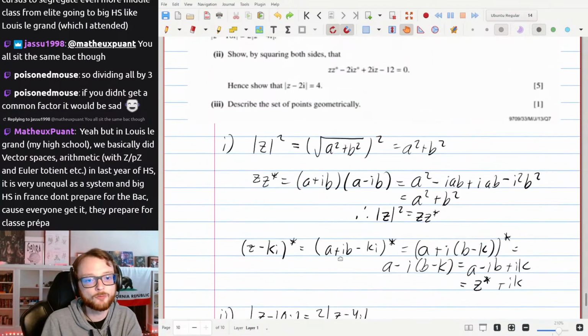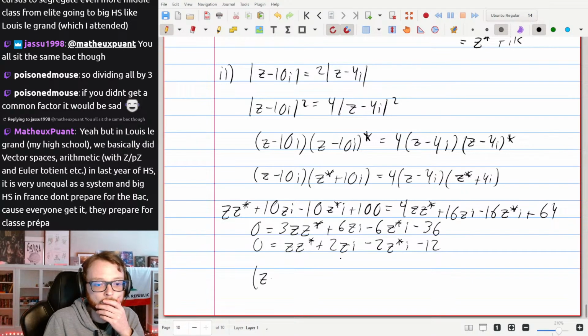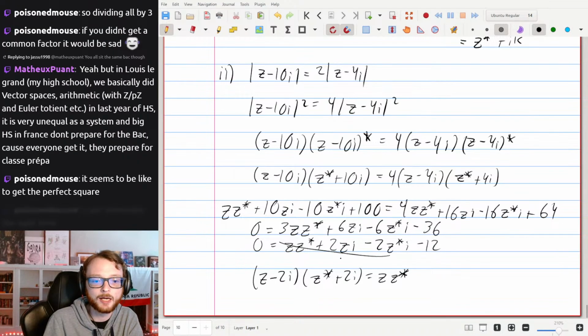What is z minus 2i times the conjugate? This is what we need to compare our equation with.